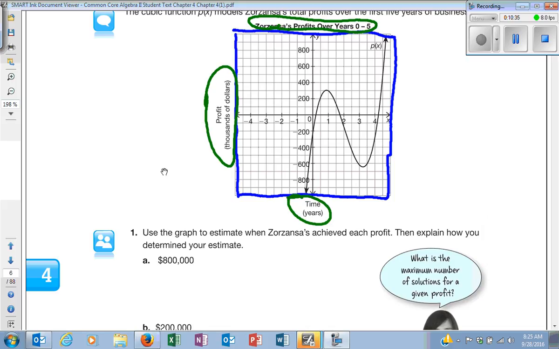You look here and you're like, wait, it only goes to 800. Well, that's because we left off a vital part of this information. Over here, profits are in what? Thousands. So actually, this 800 right here actually represents 800,000. Are you following me? So those side pieces of the graph are extremely important.